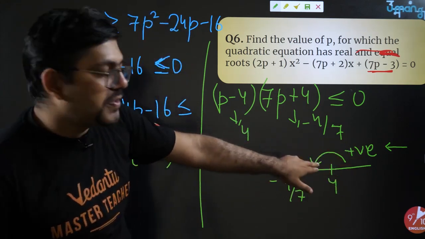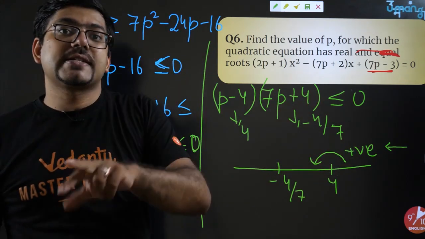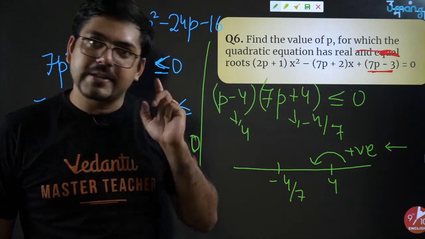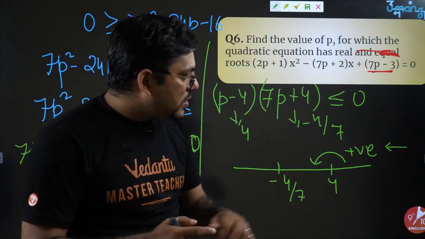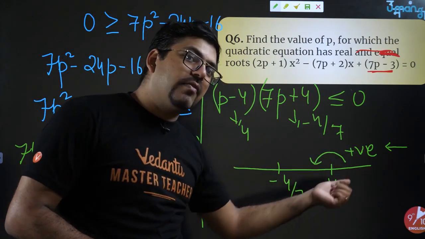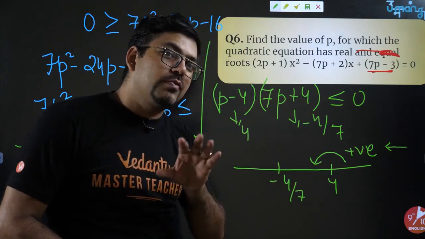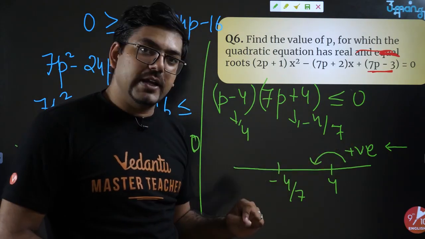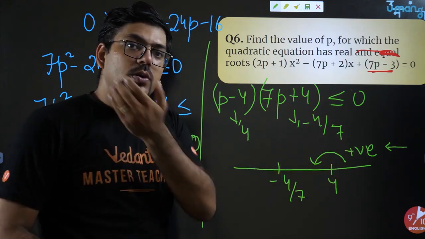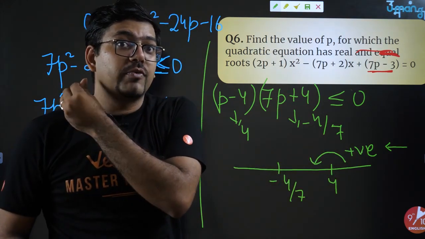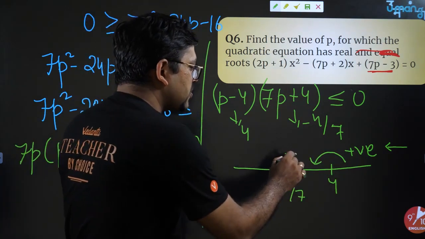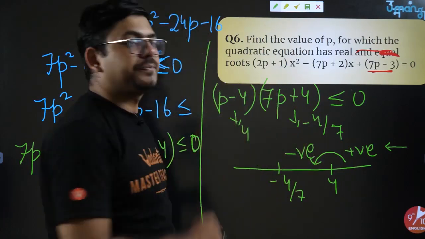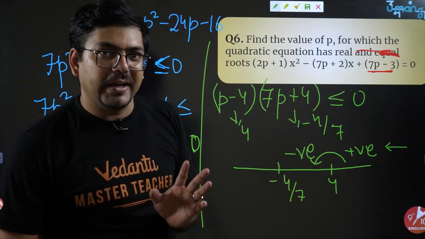After every jump of a 0, you will change the sign. Please write it down. After the jump of every zero, you have to change the sign. So plus was here. If you jump the 0, plus will change to minus.